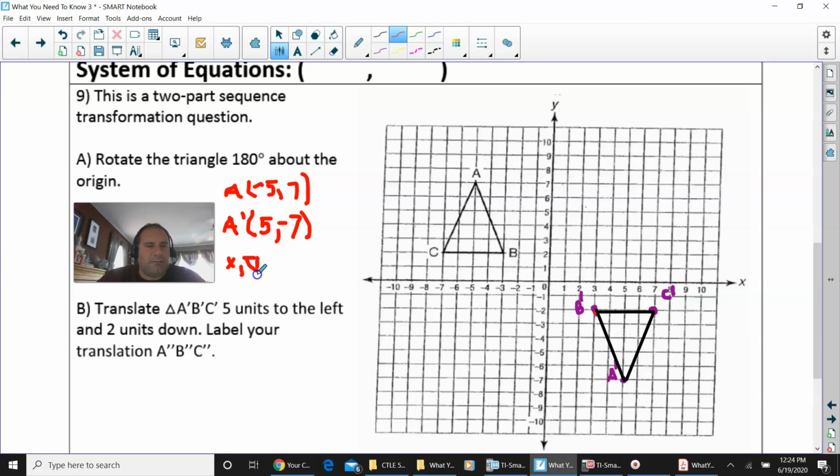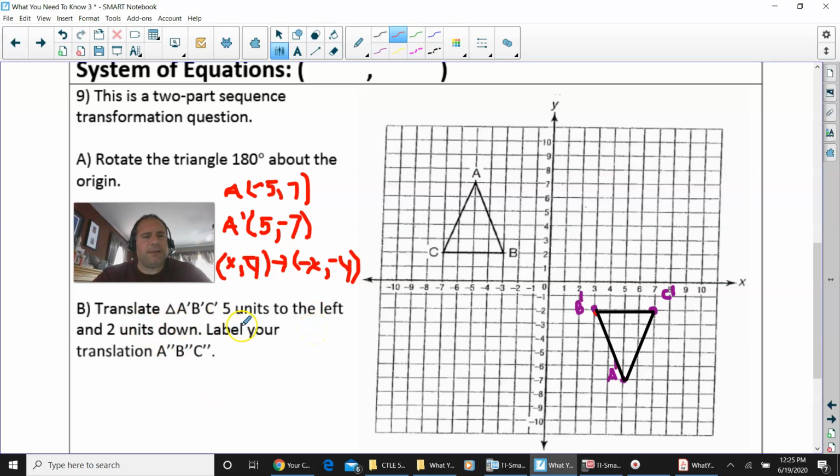X, Y became, just changed from -5 to positive. So if it was positive here, it becomes negative. And the Y became negative, changed its sign also. So that's the rule for 180 degree rotation. X, Y becomes -X, -Y. If it's negative, then it becomes positive. All right, so that's it.